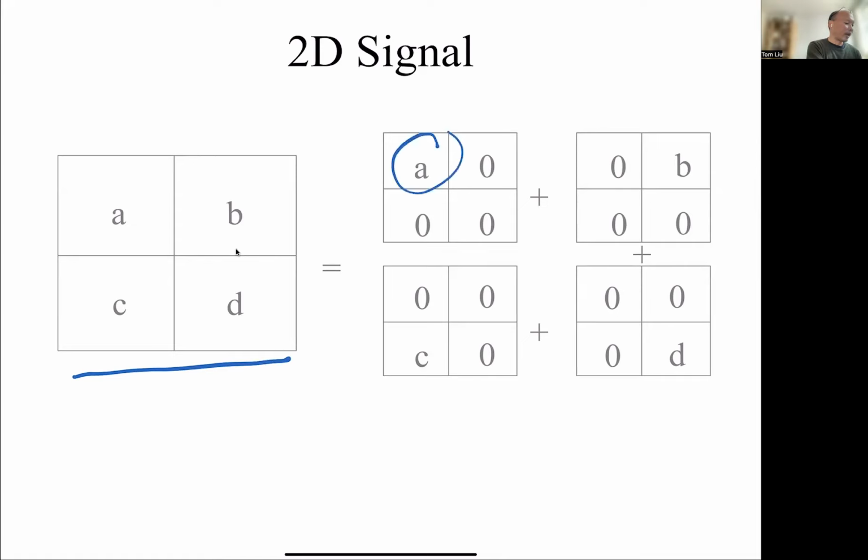One where there's just A, one where there's just B, one where there's just C, and one where there's just D. For each of those images, there's only one voxel where there's value, and it's 0 everywhere else. So it's pretty straightforward to see that that 2D image is just a sum of those 4 2D images.